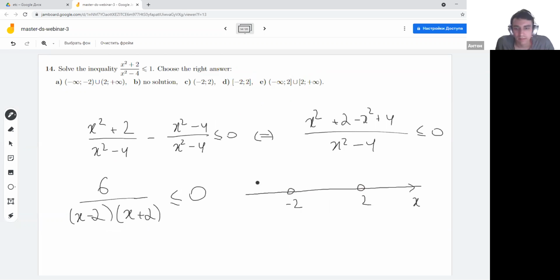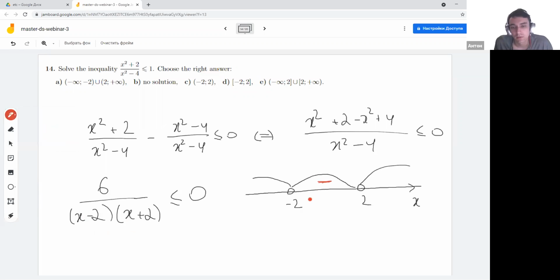Anyway, let's see. So we have these 3 segments. As I said, for example, here this factor is negative and this factor is positive. So their product is negative, and 6 divided by something negative is also a negative number.